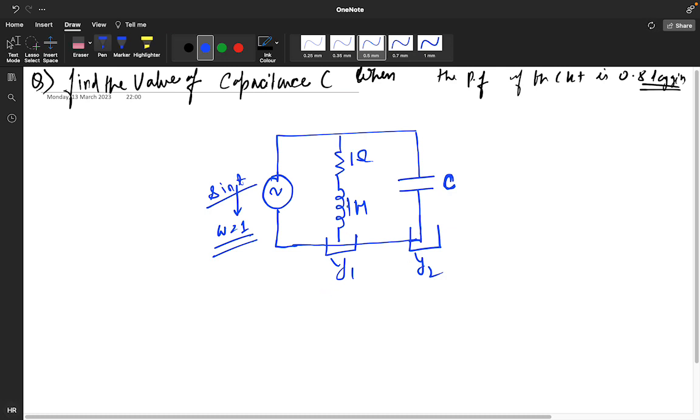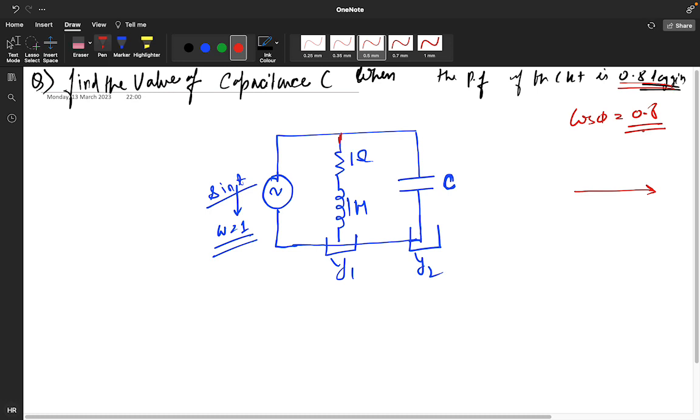So guys, to solve this question, it is given as 0.8 lagging. 0.8 lagging means cos phi value is given as 0.8. So what will be the inverse of cos phi?